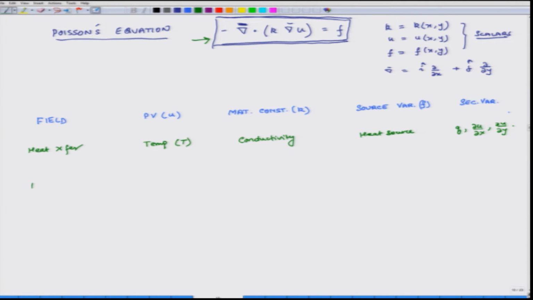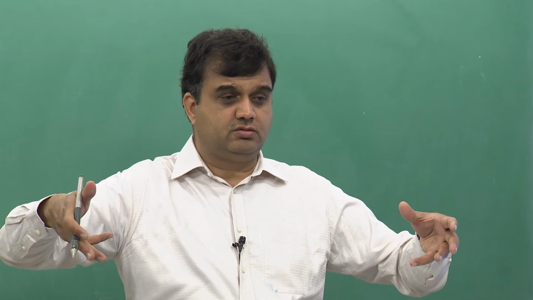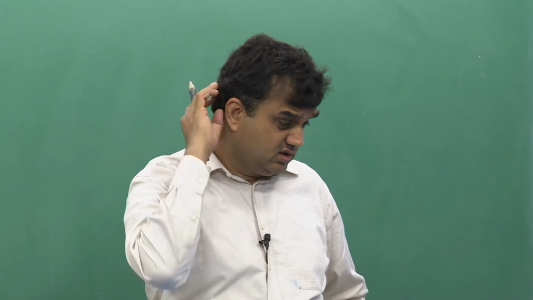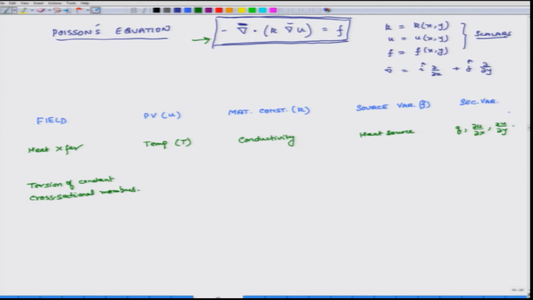Then if we look at mechanics, this is torsion of constant cross sectional members. What does this mean? If you have a shaft, it could be a circular shaft or a square shaft, and I am trying to do torsion on it, then this equation defines the solution for that.